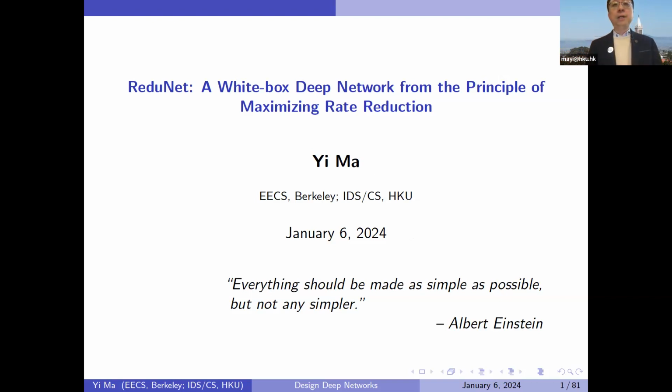The first lecture's title is ReduNet: white box deep networks from the principle of maximizing rate reduction. You can think of the first lecture as being more about the principles and concepts. You have seen many instances of deep networks, from AlexNet, GoogleNet, VGG, later on ResNet, Transformers, and so on.